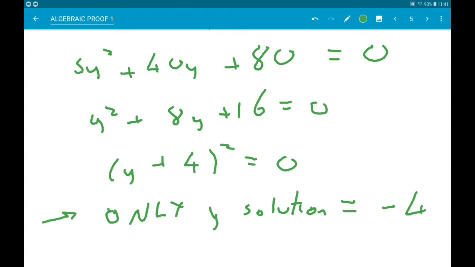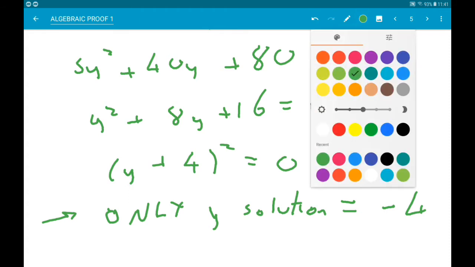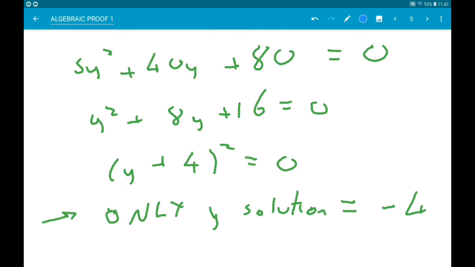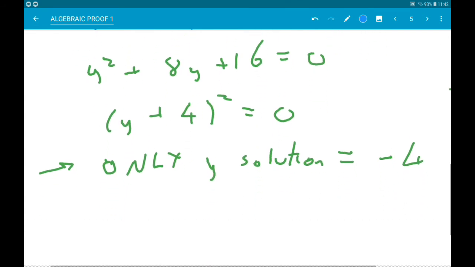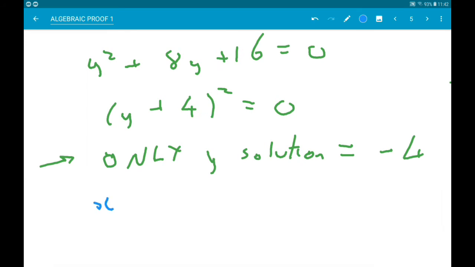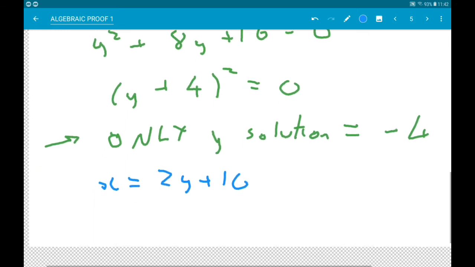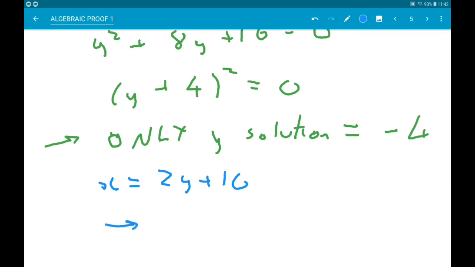Given that we've done all this work, I'm going to finish it off and also find the x coordinate. So, now that we know y is minus 4, remember that we also knew x was 2y add 10. This tells us then that x is 2 times minus 4 add 10. So that's minus 8 add 10.